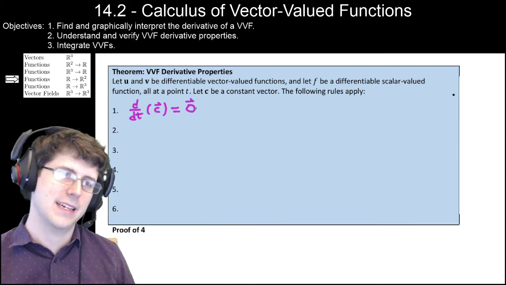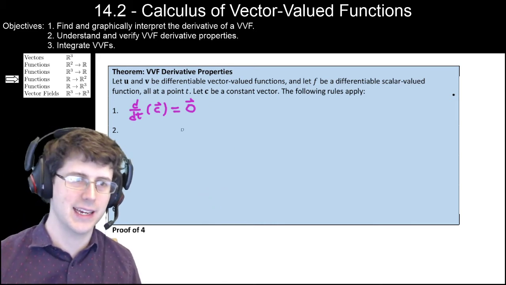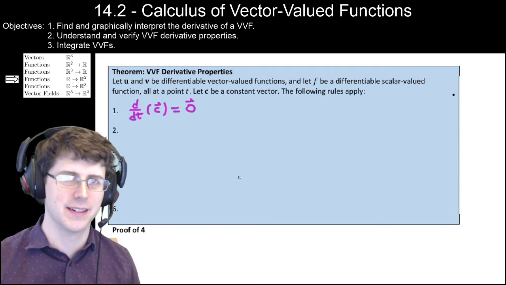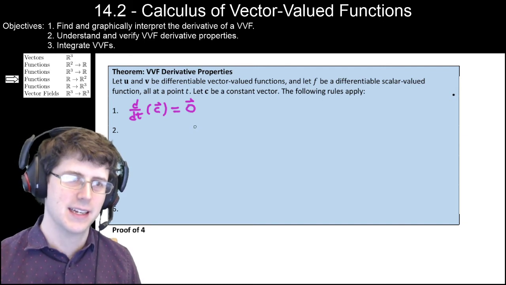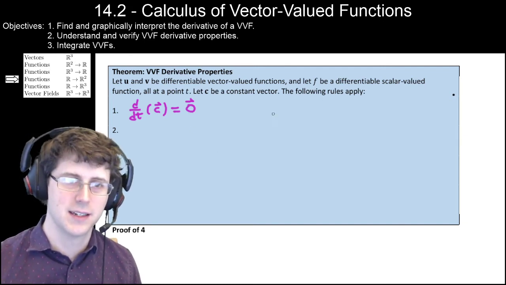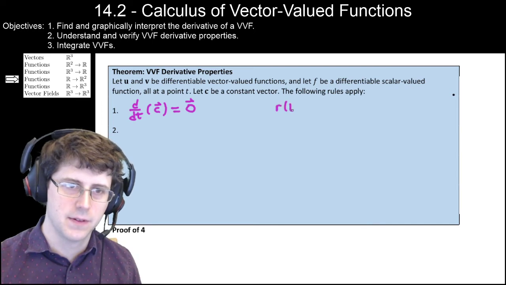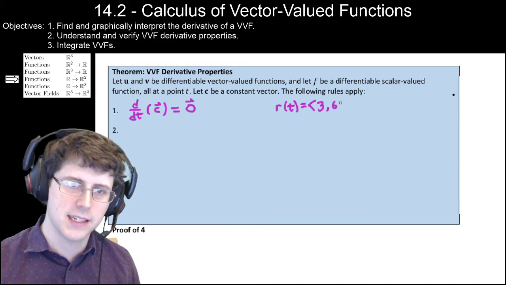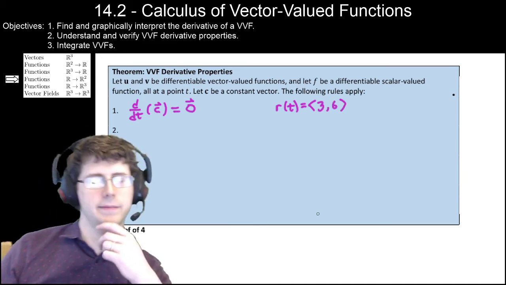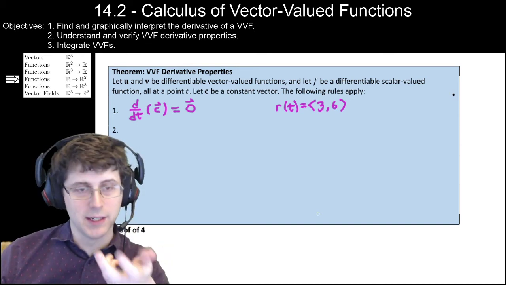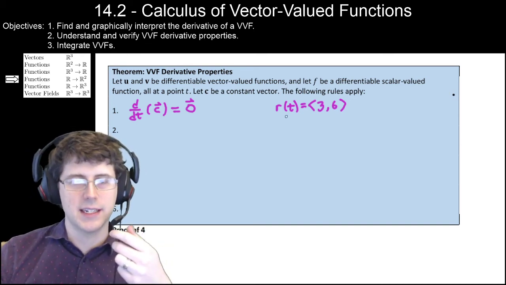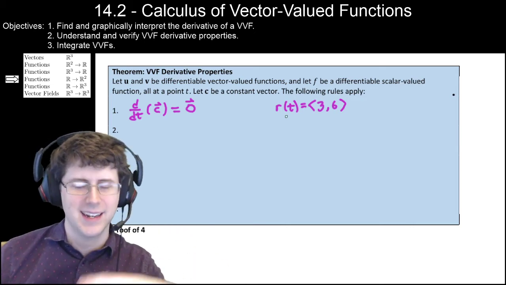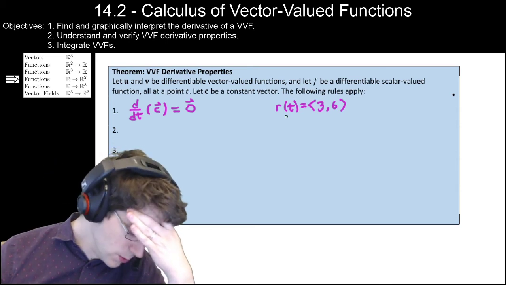Yes, of course the derivative of a constant is 0, but these arrows make the fact a little bit different. An example of this is if your vector valued function was the vector valued function 3, 6. The way this works is you plug in a value of t, and the function tells you 3, 6. It's a constant function. You might complain, no, it's like 2 constant functions at least.